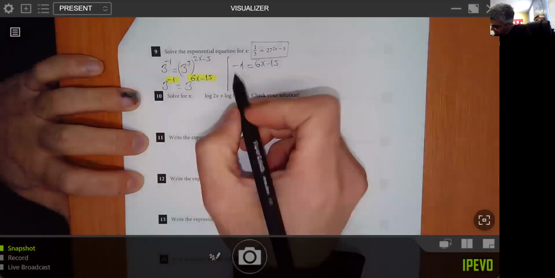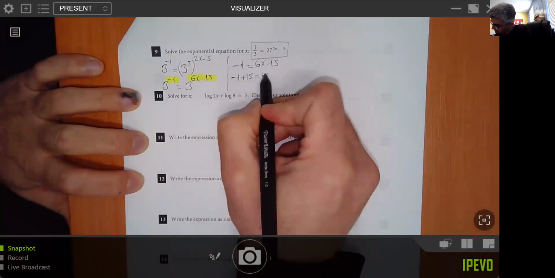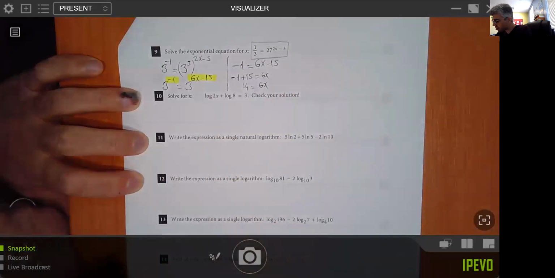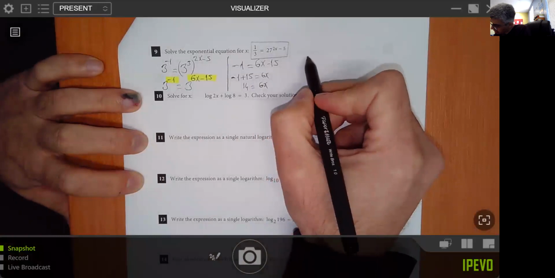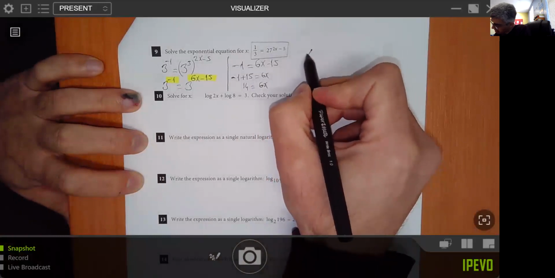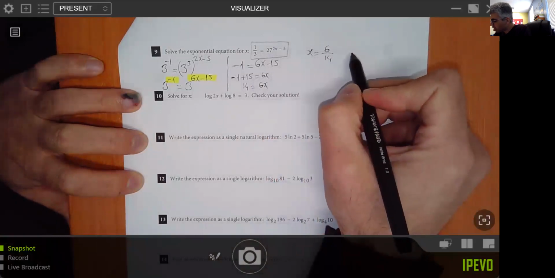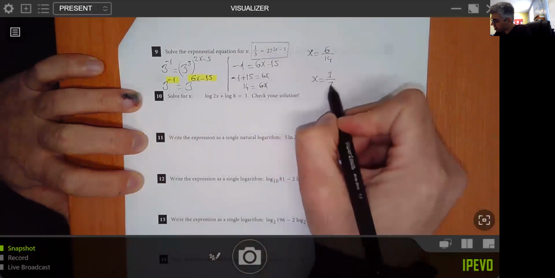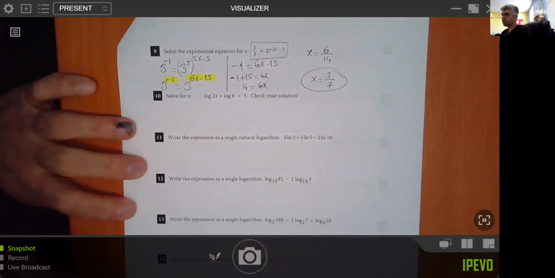And from here, negative 1 plus 15 is equal to 6x. That is 14 is equal to 6x. To find x, I divide both sides by 6. X is equal to 14 over 6. Actually, if I simplify, x is 7 over 3. This is the answer of number 9.